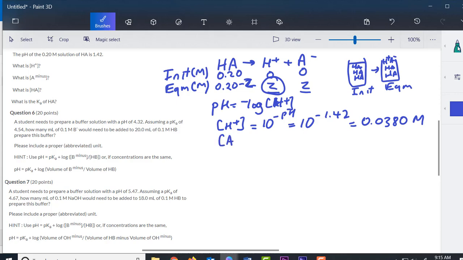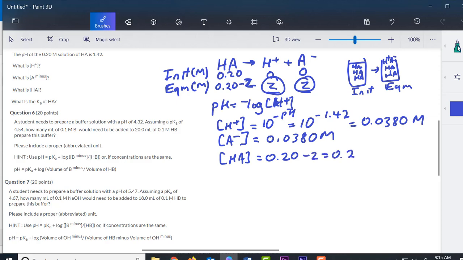Now the concentration of A minus, as you can see here, is going to be the same. So the amount of H plus and the amount of A minus is going to be the same. So it's going to be 0.0380 molar. So no difference there. Now the amount of HA, as you can see, is going to be 0.20 minus Z, which is of course the hydrogen ion concentration.